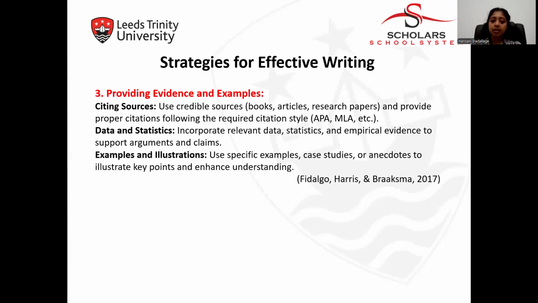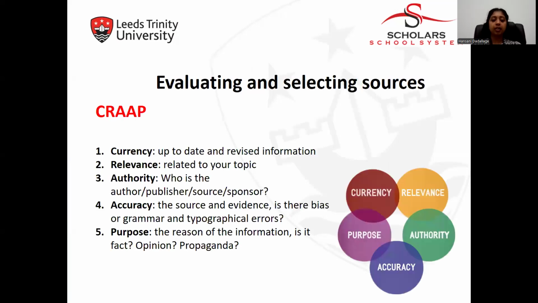Then use data and statistics whenever relevant. Incorporate relevant data, statistics, and empirical evidence to support arguments and claims. Then use specific examples, case studies, or anecdotes to illustrate key points and enhance understanding for the reader. So these are the strategies for effective writing.